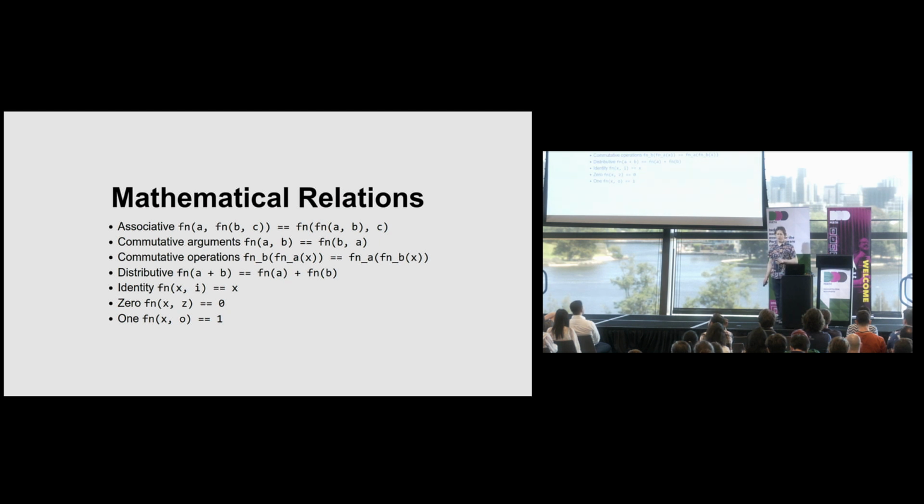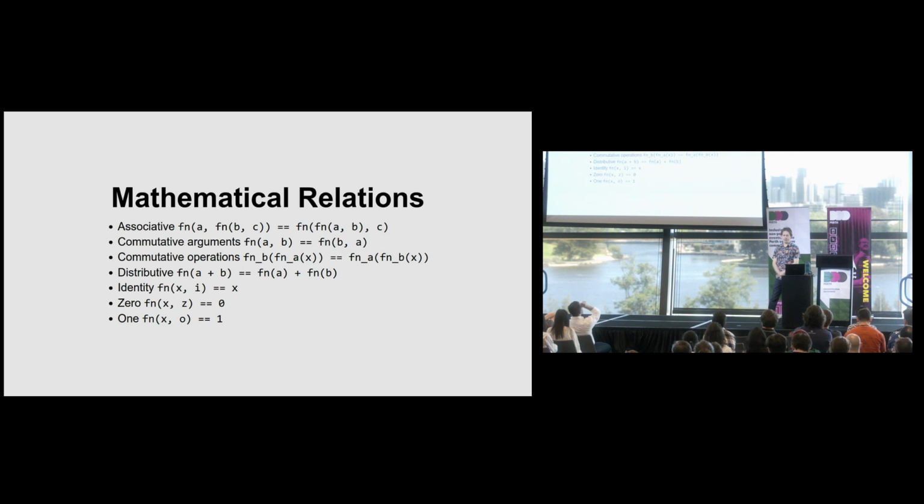There are also mathematical relations that may sometimes apply. Association, where changing the grouping of operations has no effect on the result. Two forms of commutation, where changing either the order of arguments or changing the order of operations has no effect.